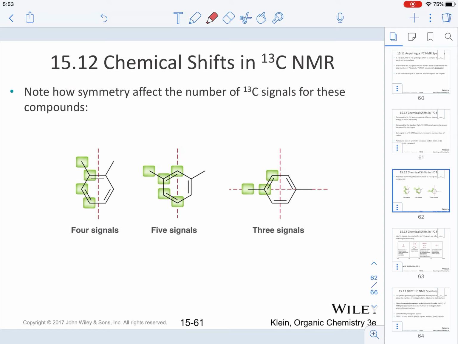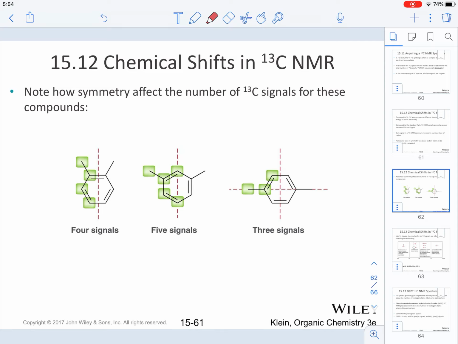As I was mentioning, whenever we have molecules and we're considering the carbon NMR, we have to think about symmetry in order to know the number of carbons that can be displayed in the carbon NMR. So again, we are going to utilize the disubstituted benzene molecules that we introduced previously.